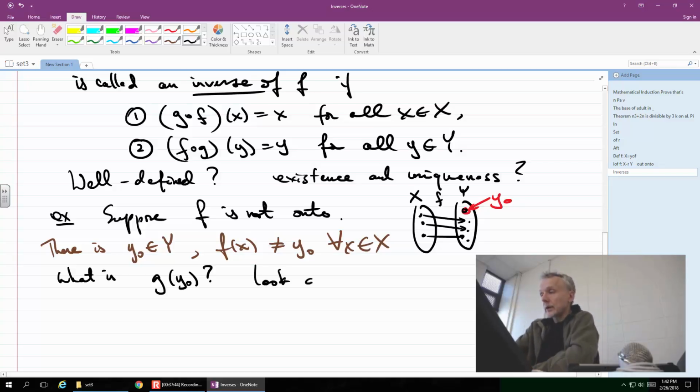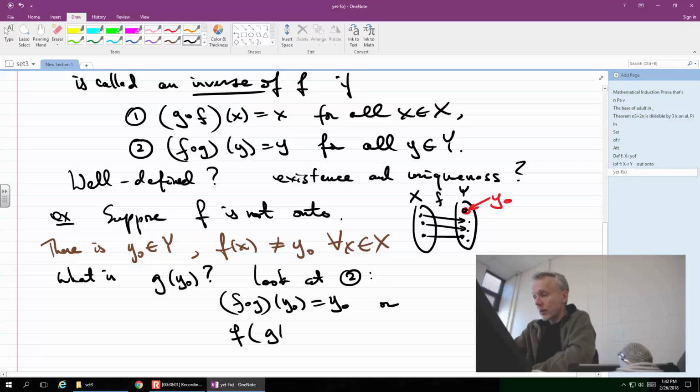We look at the second property, and we have f composition g of y naught is equal to y naught, which means that we can rewrite it as f of g of y naught is equal to y naught. You see the problem already?